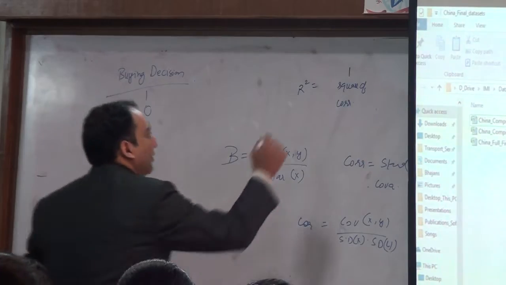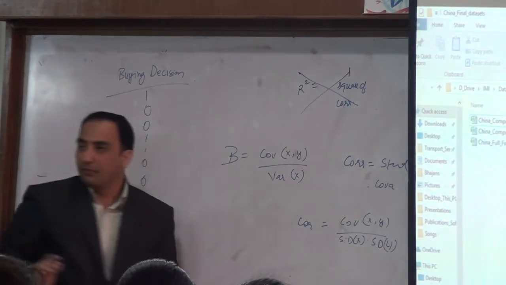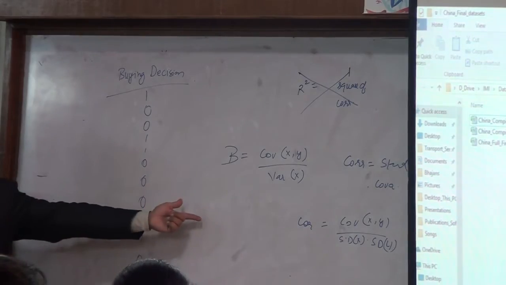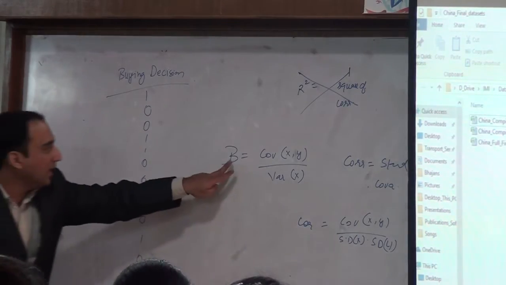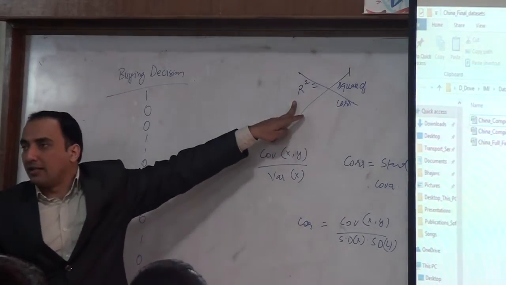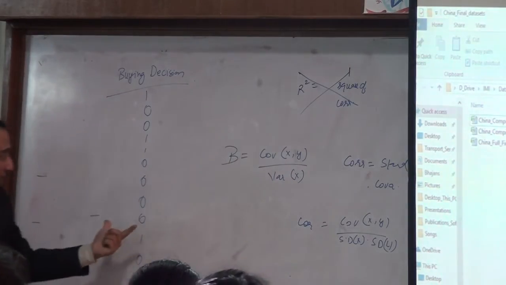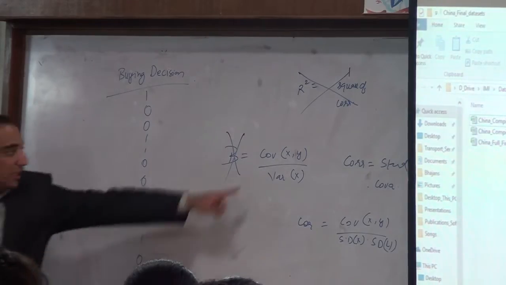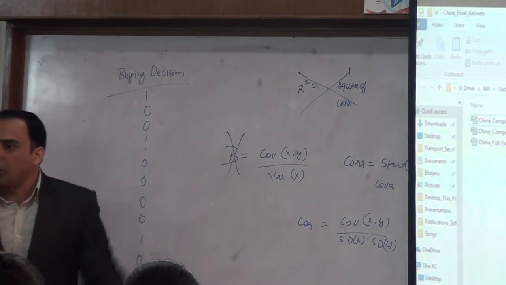It is all nonsense. So always remember, whenever you have a dummy either in the dependent variable or the independent variable, your R square does not make any sense. And if you have a dummy in your dependent variable, your beta also does not make sense. It means we have to modify the formula of beta.